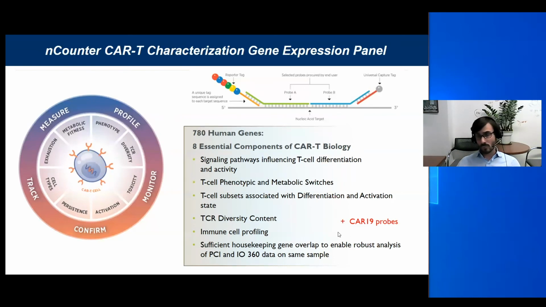What is also important to note is that we were able to customize this panel by also including CAR-19 specific probes that allow us to measure the transcript of our specific CAR.